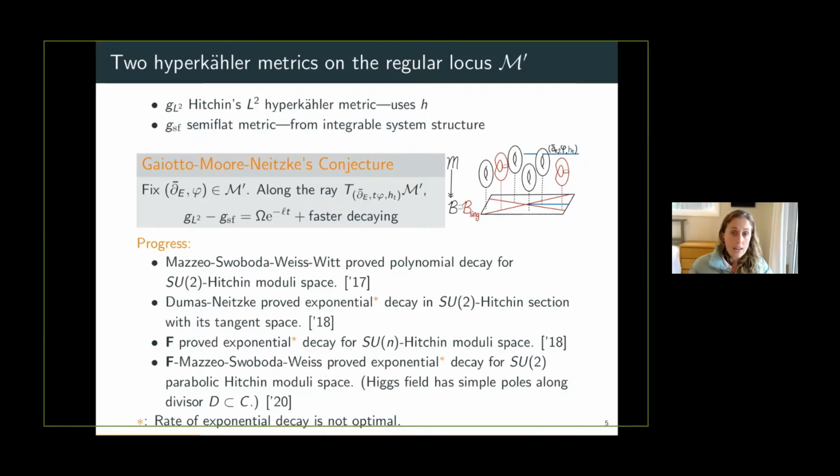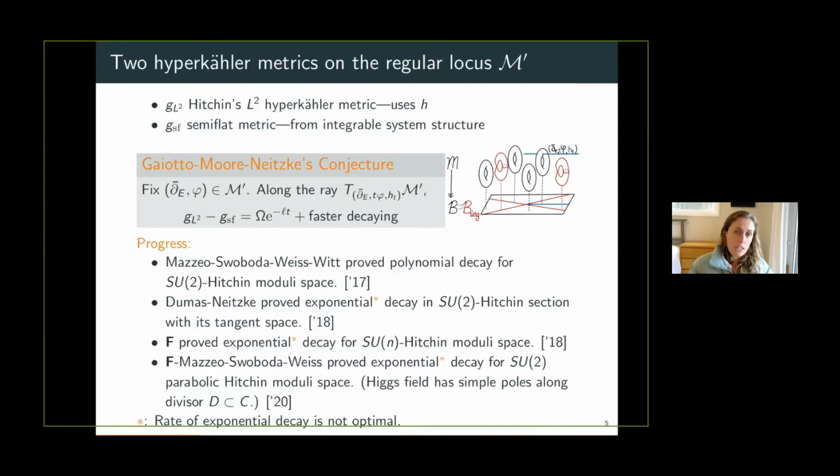To get access to this hyperkähler metric, you really need to understand the Hermitian metric solving Hitchin's equations at every single point of your moduli space. So this one is very sensitive, and you need to consider this coupled system of nonlinear PDE to get access to that.